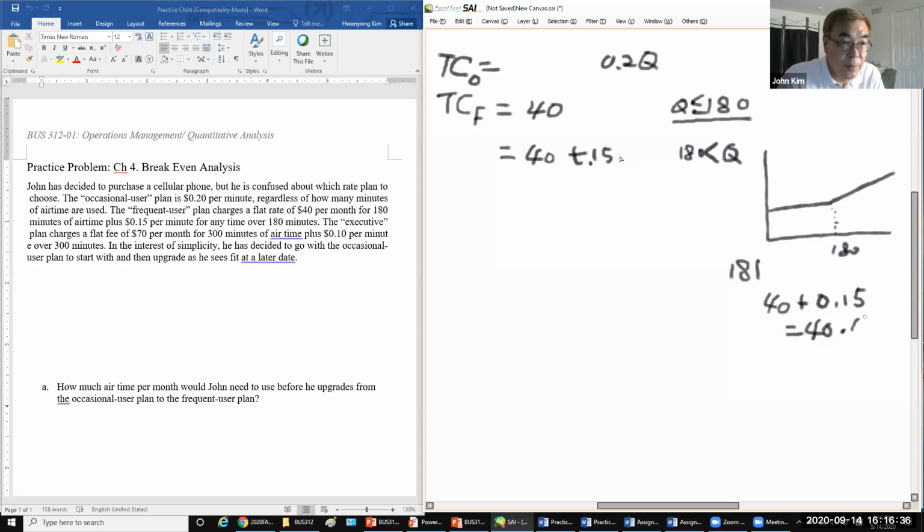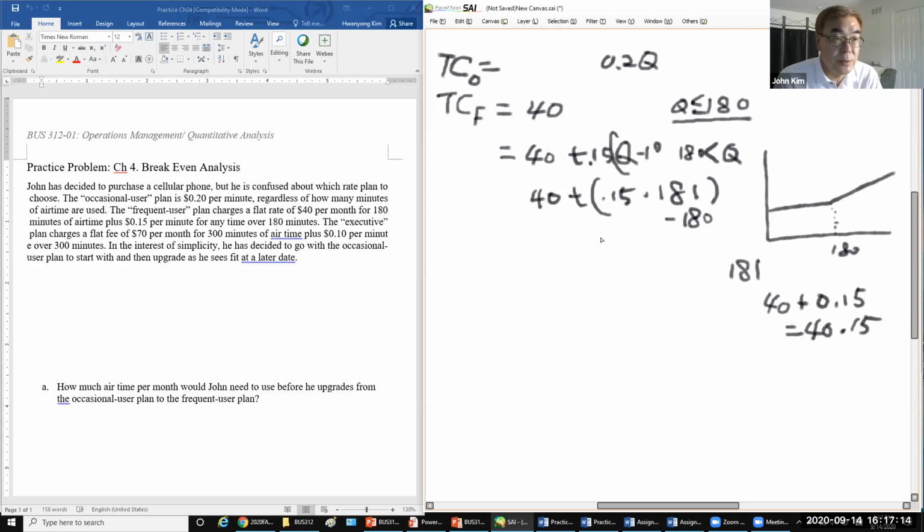But if set up like this, Q, then $40 plus 0.15 times 181. Then it's bigger than this one. So for additional minutes, we add additional minutes, so we need Q minus 180 minutes like this.